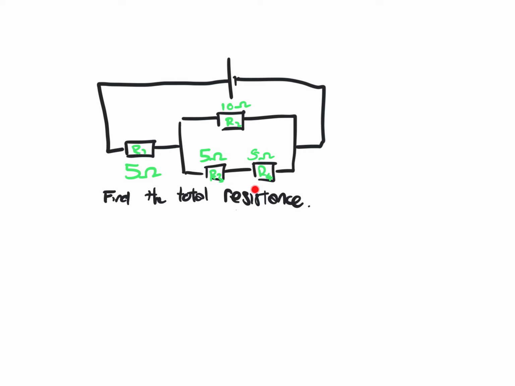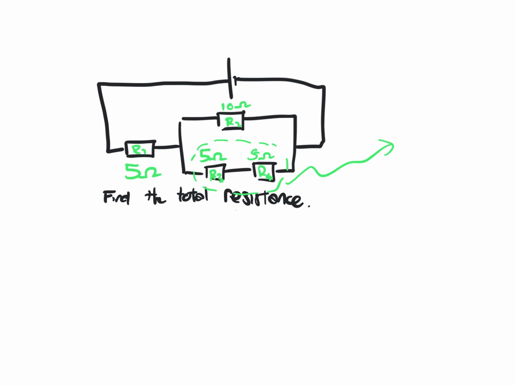All right, so what can I simplify first? Well, clearly, this one over here, I can combine R3 and R4 into one. So if I just look at this, I know that these two are in series.